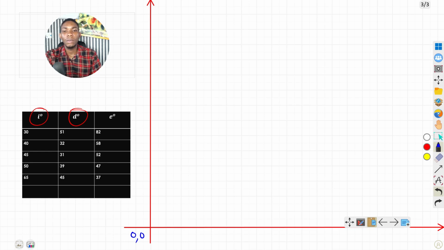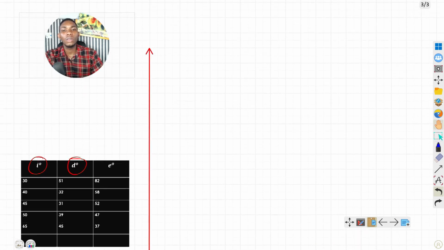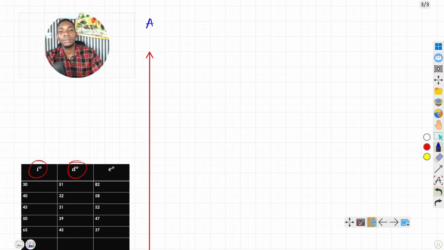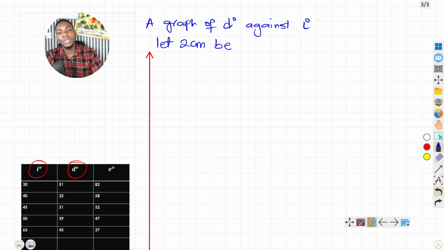First of all, you have to write the title: graph of D in degrees against I in degrees. Now the scale: let 2 centimeters be 10 units. Will it work on both axes?